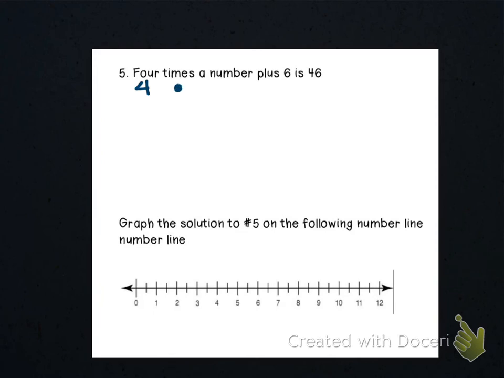And then a number, that can be any number, so I'm going to put an n for number here. Plus 6 is, mathematically, is your equal sign. And then 46. So now I can write that as an equation. 4, and because I'm putting my variable next to a number, I don't need the dot. 4n plus 6 equals 46.